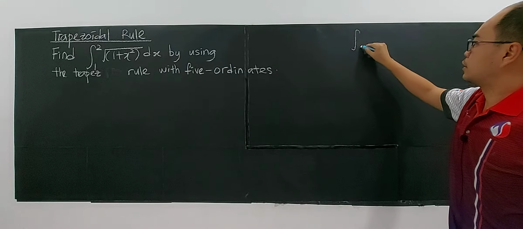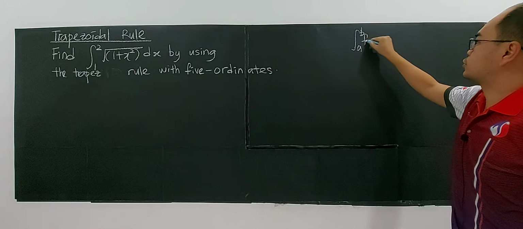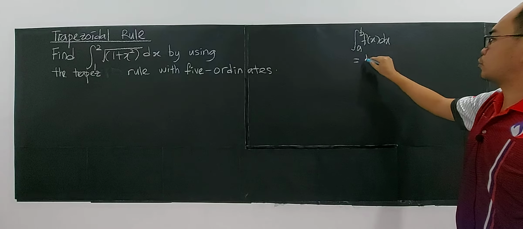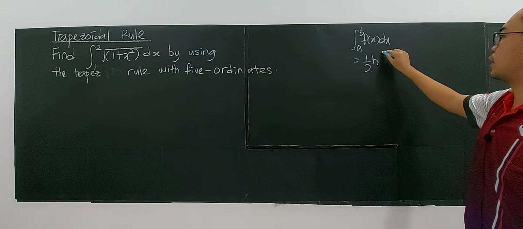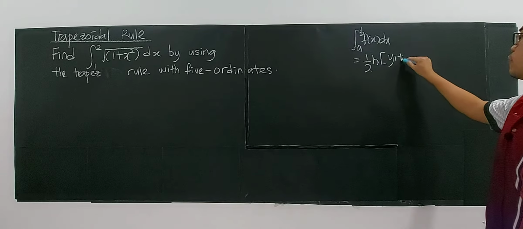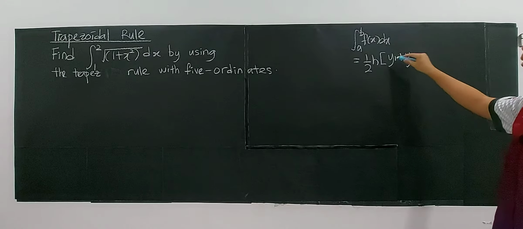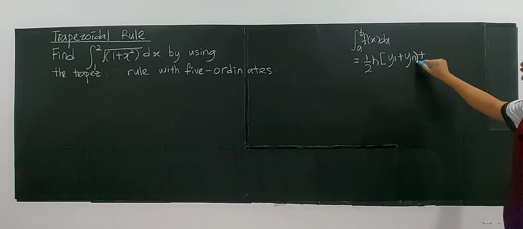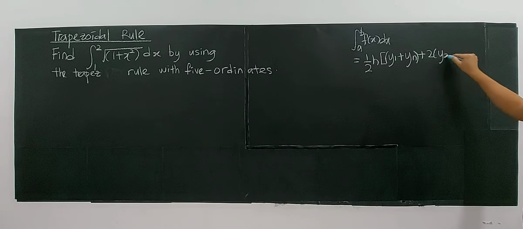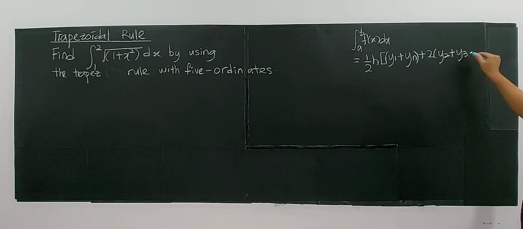So it's the integral from a to b of f(x) dx, which is the same as 1 over 2 times h, where the first y value and the nth y value, meaning the last term, shouldn't be multiplied by 2, and the second y value, the third y value, up to the second last y value, you have to multiply by 2.